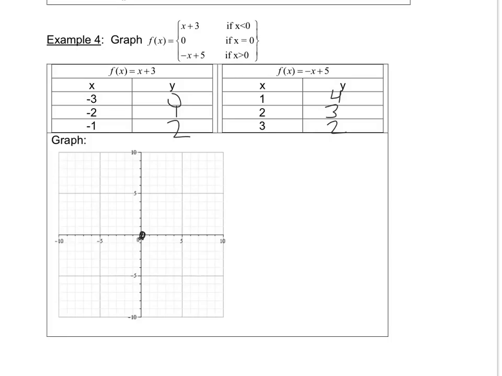And then -3, 0. -2, -1. And -2, positive 1.